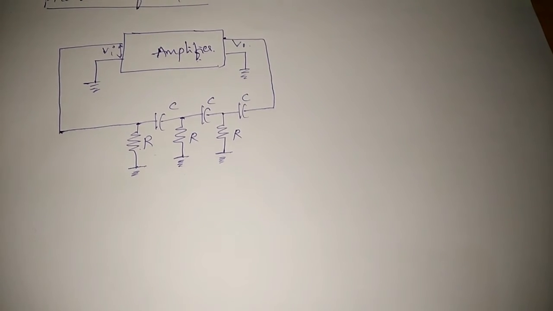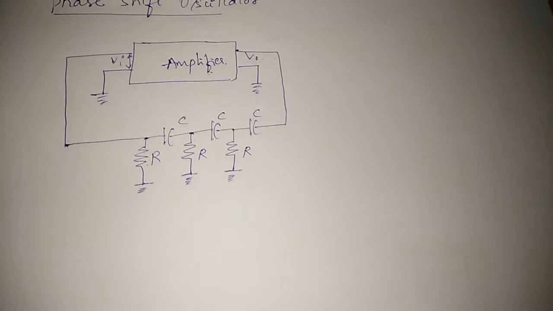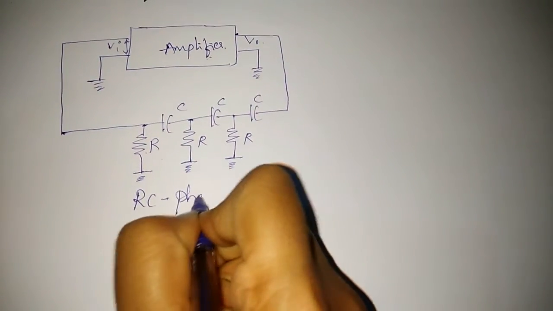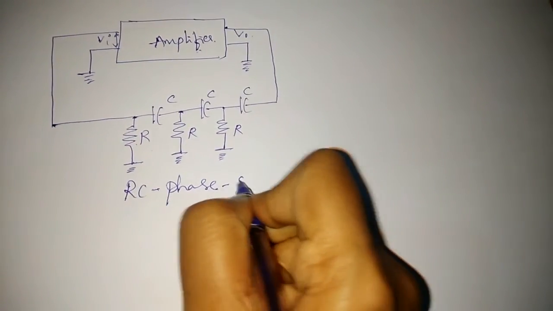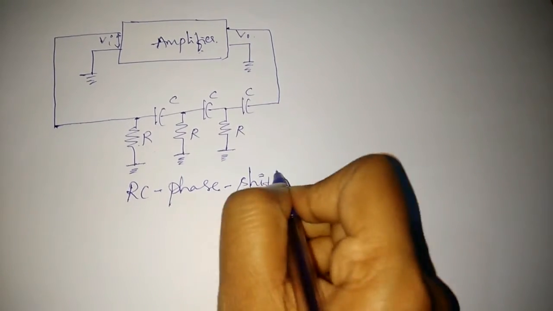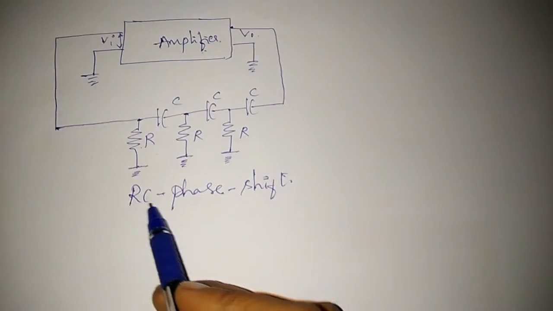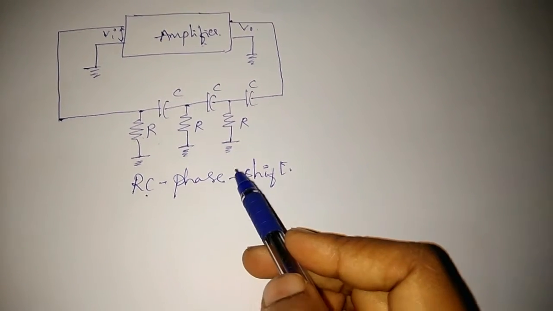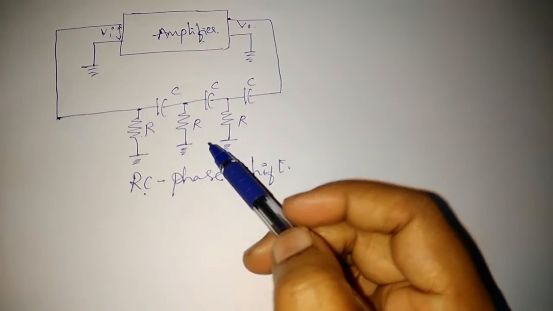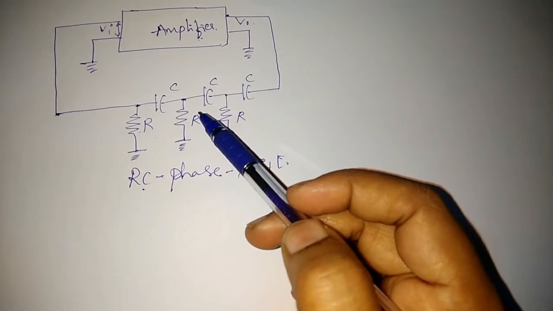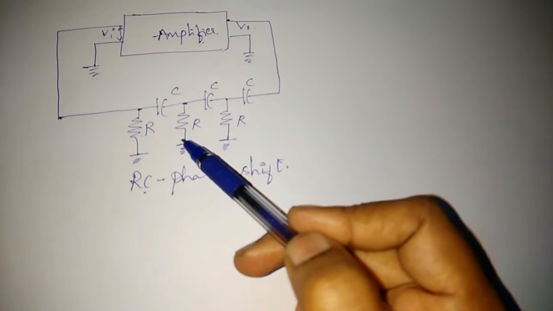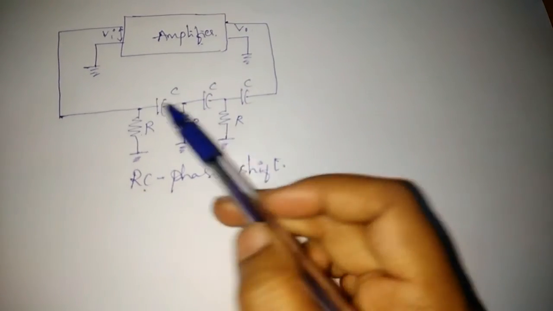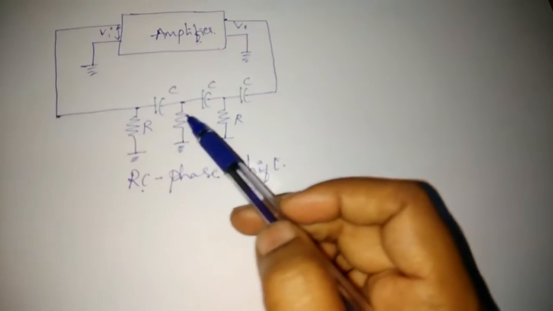Okay, this is also called an RC phase shift oscillator. Why? Because your feedback network is made of an RC network, isn't it? That's why it is called an RC phase shift oscillator. The circuit consists of an amplifier and a feedback network consisting of resistors and capacitors arranged in ladder fashion.